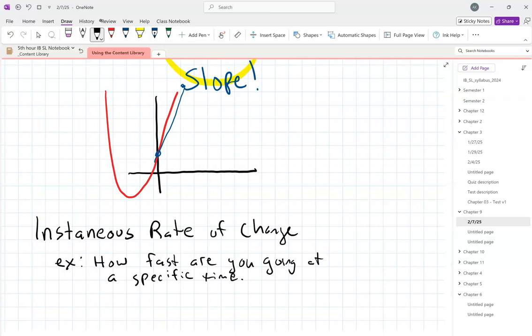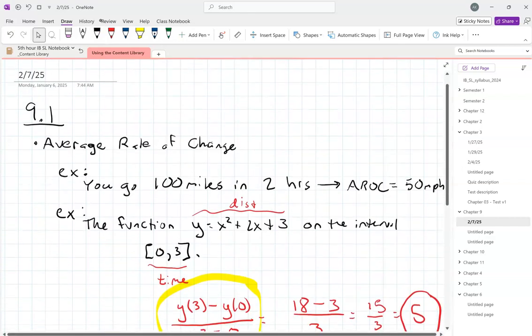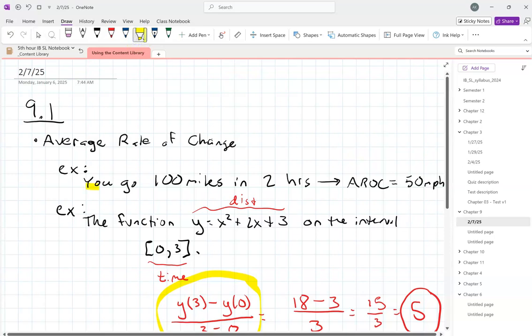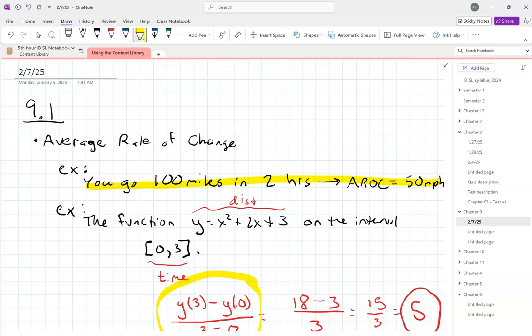That's going to be how fast you're going at some specific instant, right? Not what's your average speed over an entire trip, but at 22 minutes and 52 seconds after departure, how fast are you going? Is the information that we have up here going to be sufficient to get that? Doesn't seem like it.